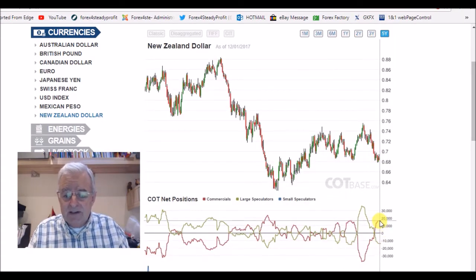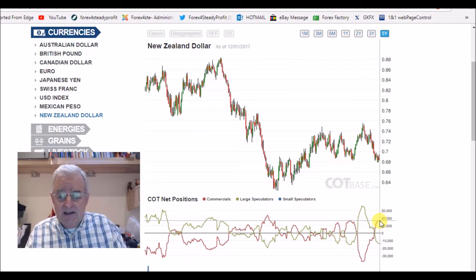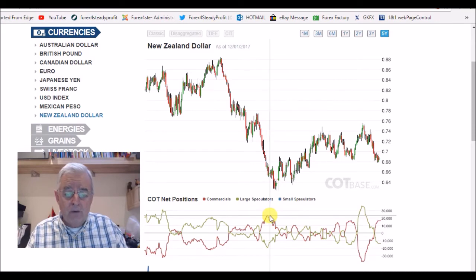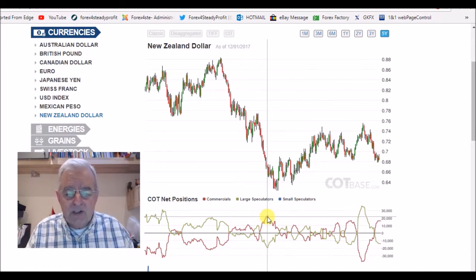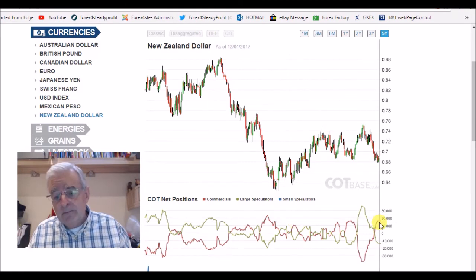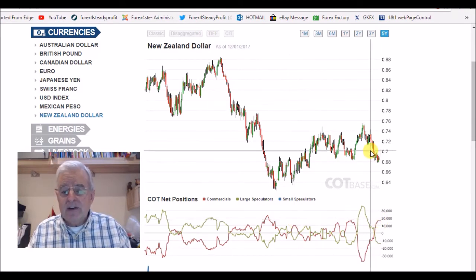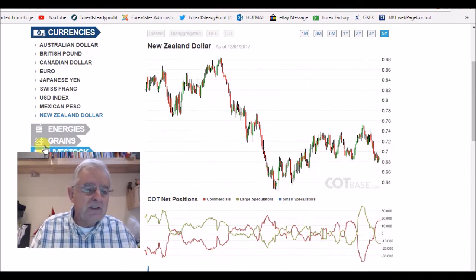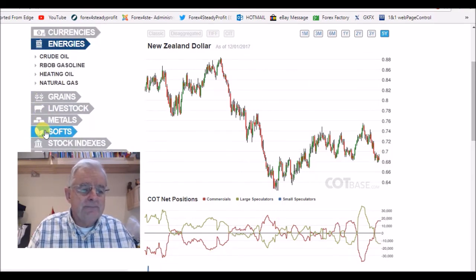This is a 5-year chart, and this is fairly bullish for the commercials. There's only been one more bullish position they've taken, which is back there. So I think we might see a turnaround in this, but we'll just see.